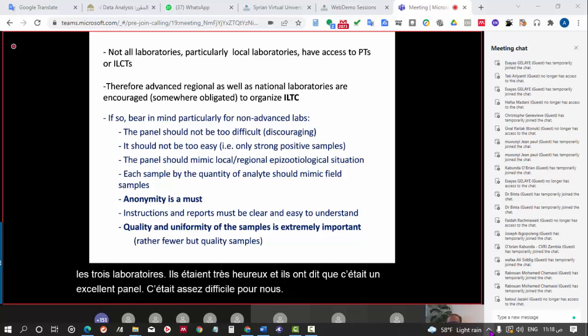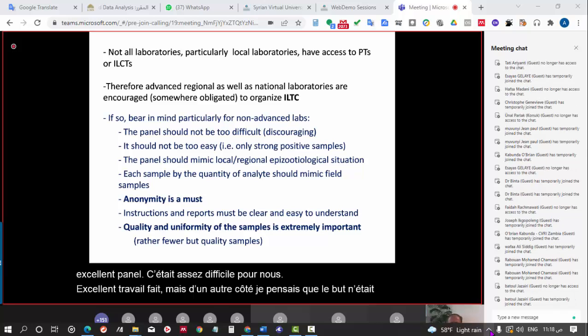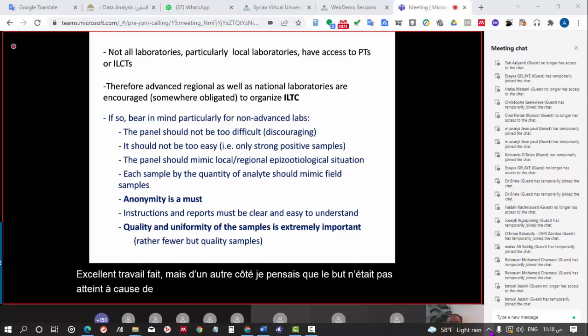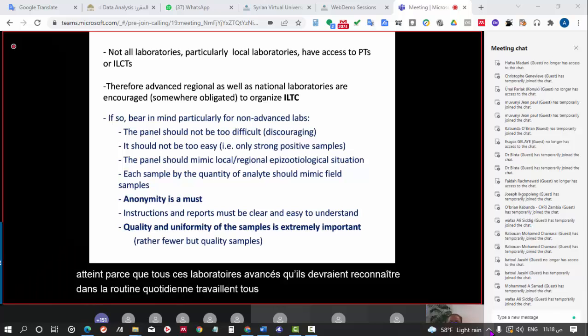Excellent job done. But on the other hand, I was thinking that the purpose was not accomplished, because all those advanced laboratories should recognize in everyday routine work all the samples in the proficiency panel, and they could not do that.